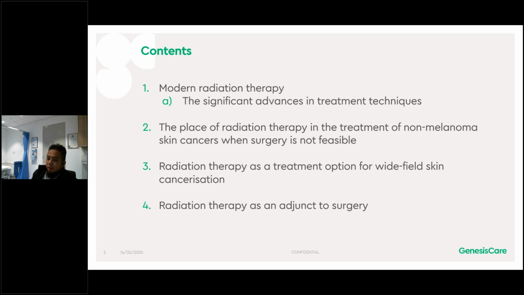Also, what we do now is that we're able to treat a wider area of skin for wide field changes, including in situ disease, and obviously the use of radiation in conjunction with surgery. So we're going to go through a few of these together for the next 20 to 30 minutes or so, and we'll take some questions right at the end.